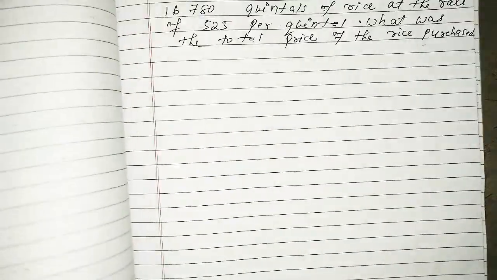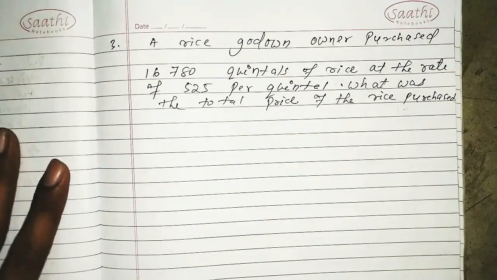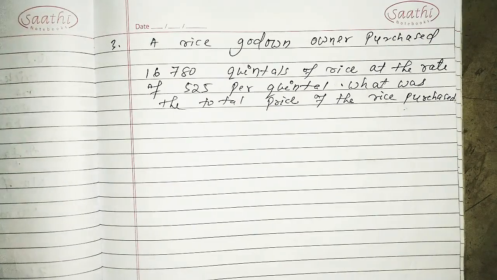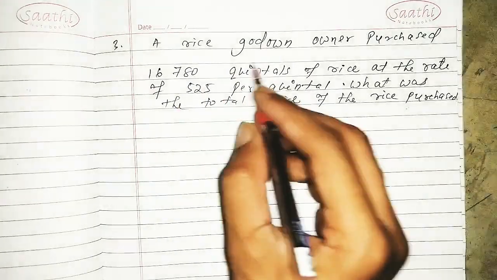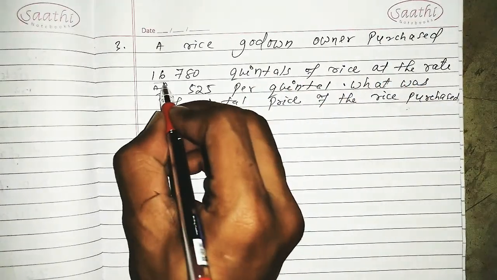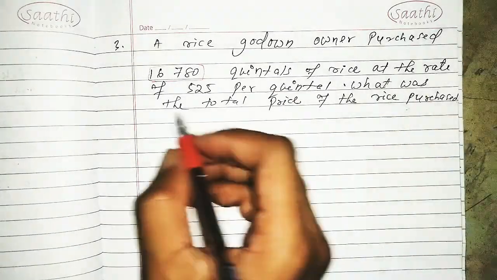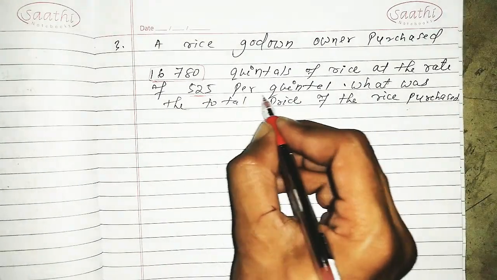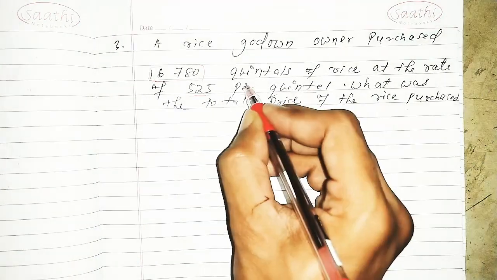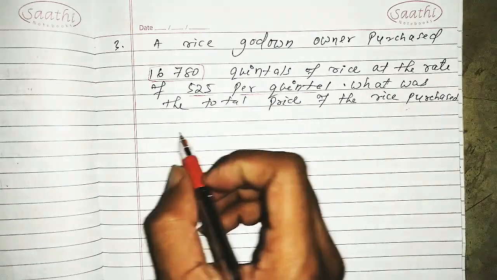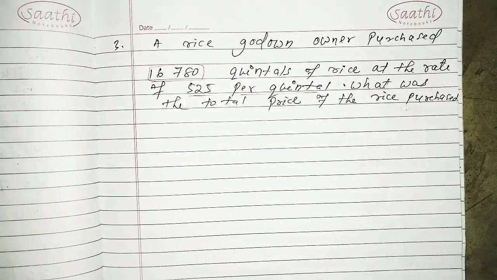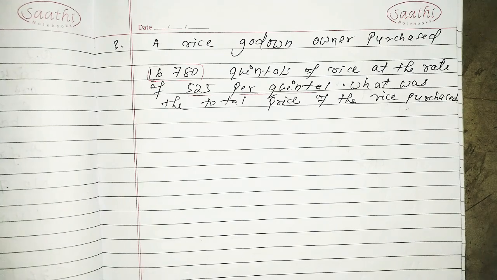Okay, so a rice godown owner purchased 16,780 quintals of rice at the rate of 525 per quintal. Per quintal means 1 quintal. What was the total price of the rice purchase?